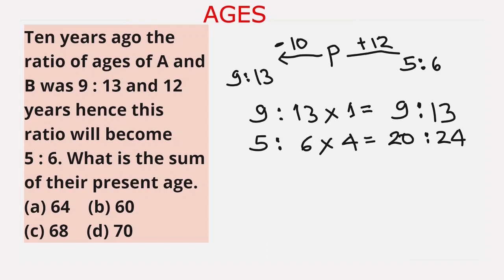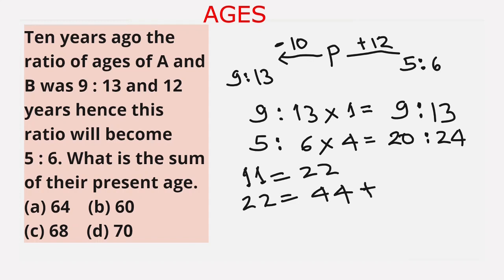It means that 11 parts equal to 22 years, minus 10 plus 12 is 22 years. That is 11 is equal to 22. Therefore, 22 will be equal to 44.